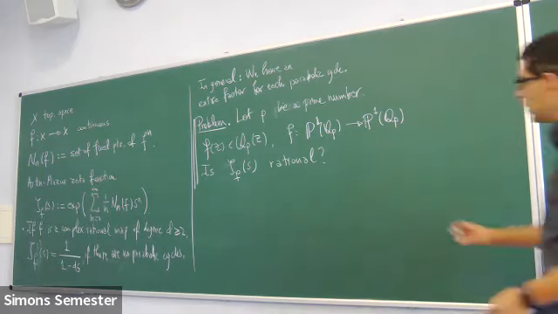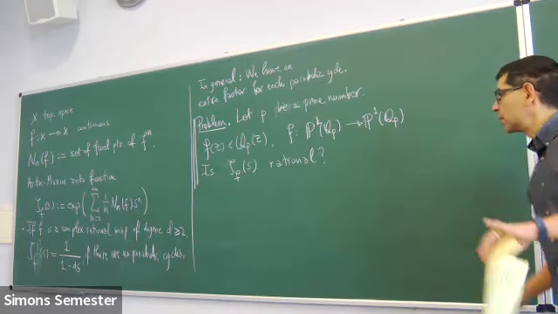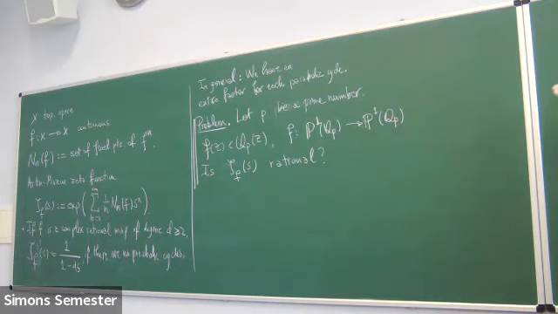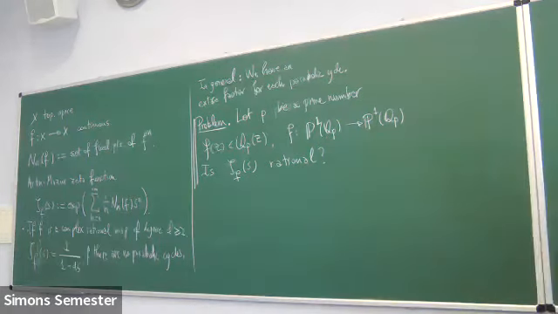Now, this is also interesting because you have the action on this regular tree, the Bruhat-Tits building of P1 of Q_p. It's a regular tree where the degree is p plus 1 at every vertex, and this rational map acts on this tree.